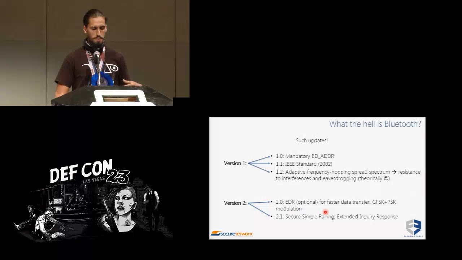So it was easy to transfer a big amount of data between two devices, and two new modulations, Gaussian frequency shift keying and phase shift keying, were introduced. This is just for telecom people. I don't know if there are telecom engineers here, and they're glad to hear about it.